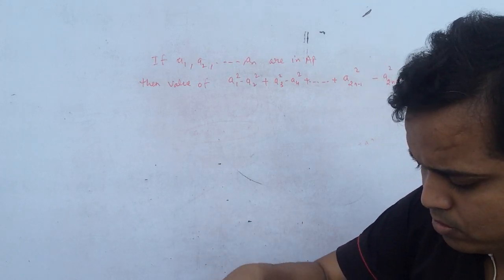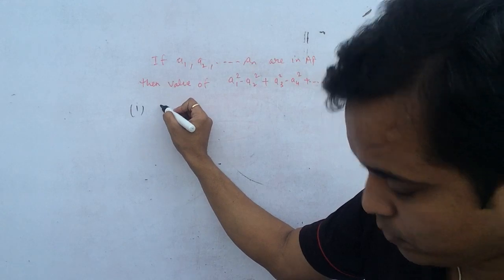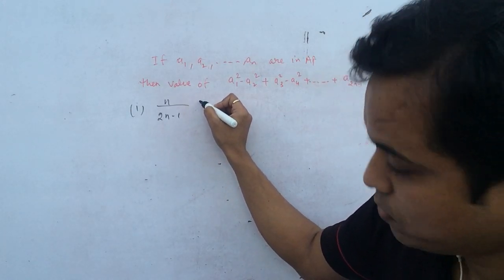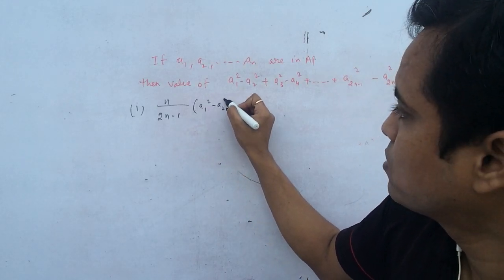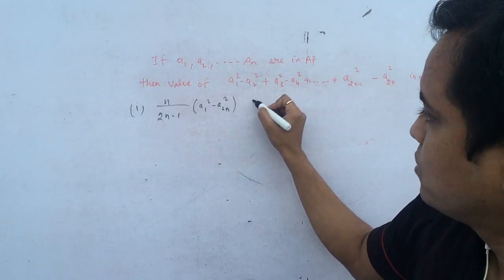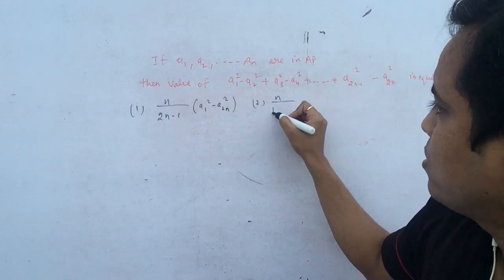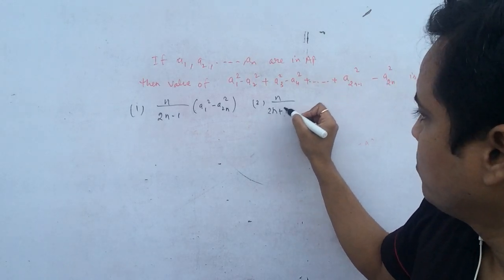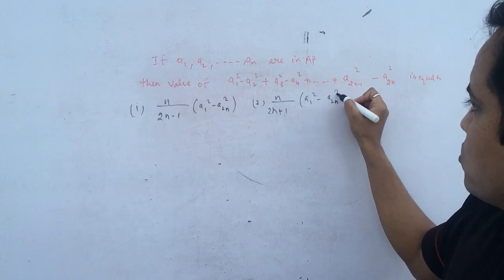There are 4 options, so I want to write the options for you if you want to solve this. First, 2n minus 1, A1 square minus A2n square. Second option is 2n plus 1, A1 square minus A2n square.